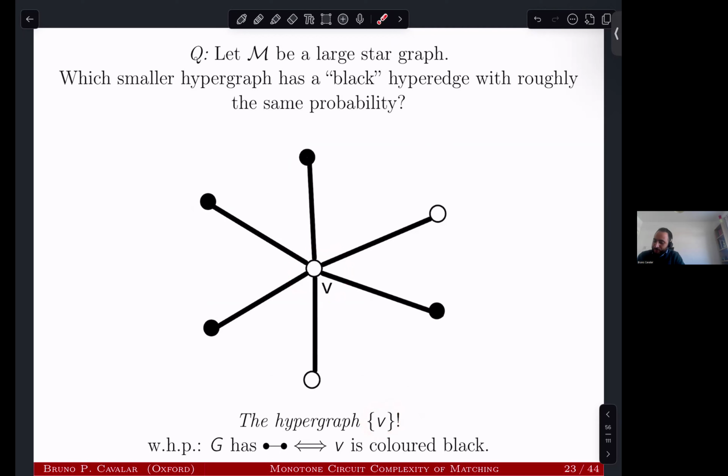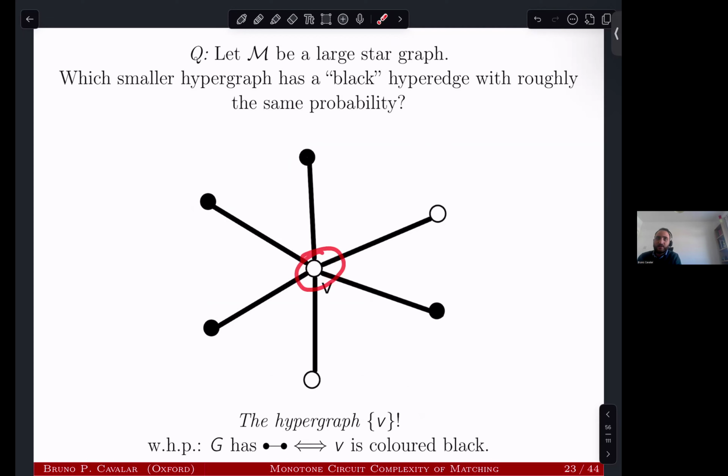Just as we had before, one of those vertices outside of the core of the star will, with very high probability, be colored 1, because there are lots of them and they're disjoint. So everything you need to do to get a black, all-ones hyperedge is to color V with 1. So it's sufficient with high probability to color V with 1. And at the same time, it is necessary because all of the edges contain this vertex, so you need to color it with 1.